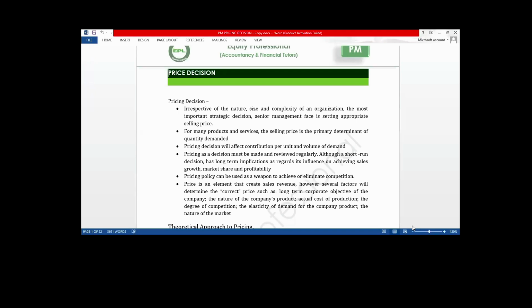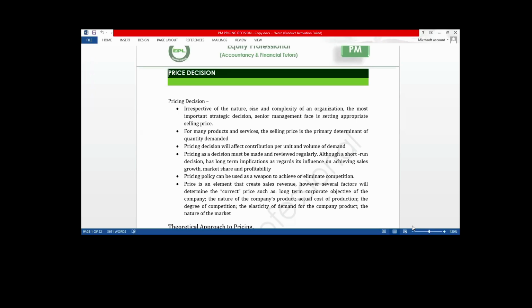For example, where a company is established to make profits, then that company is likely to charge high price because the objective is to maximize profits.